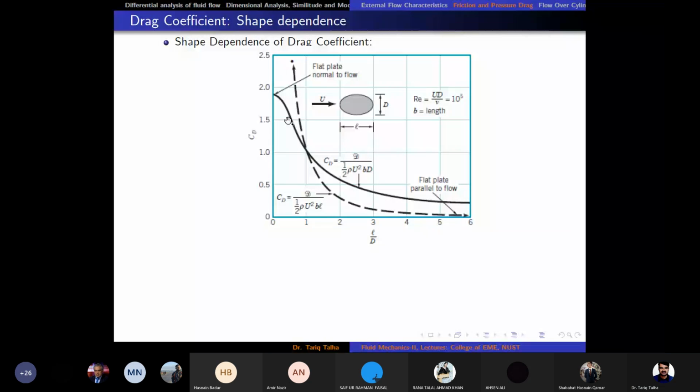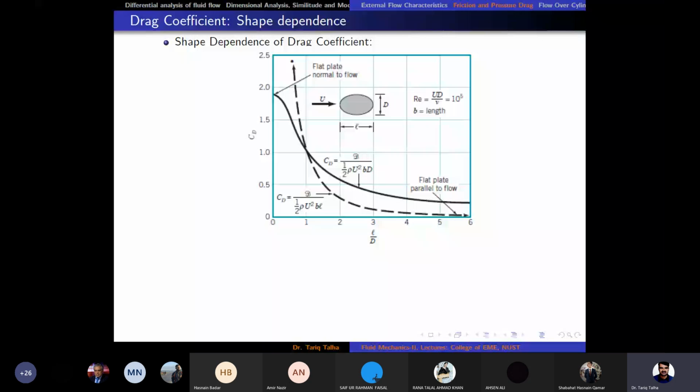So in both cases, we can see that the CD value changes, and here the Reynolds number is 10 to the power 5, one lakh, right? So you can see the variation: the CD value when L upon D is less means that we are talking about a plate which is placed perpendicular to the flow.